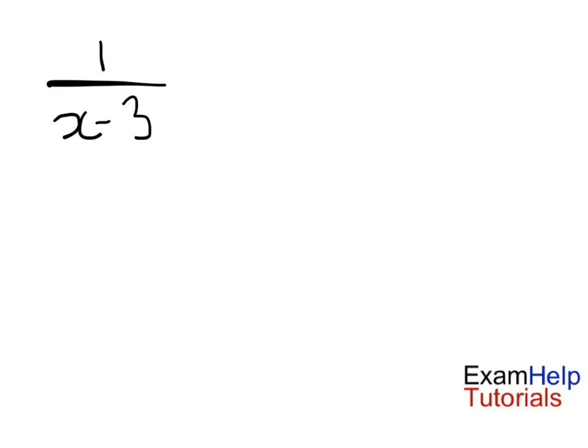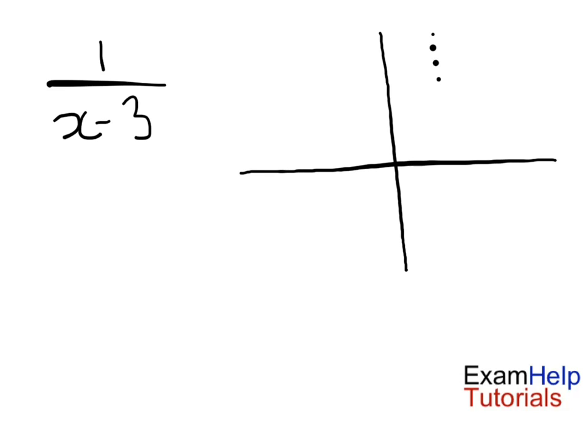We're going to have a graph, and our graph is going to have what we call an asymptote, where it doesn't actually touch the axes. So it's going to be like this, and it's going to be like this. I'll draw that one out again though, because it wasn't very good.